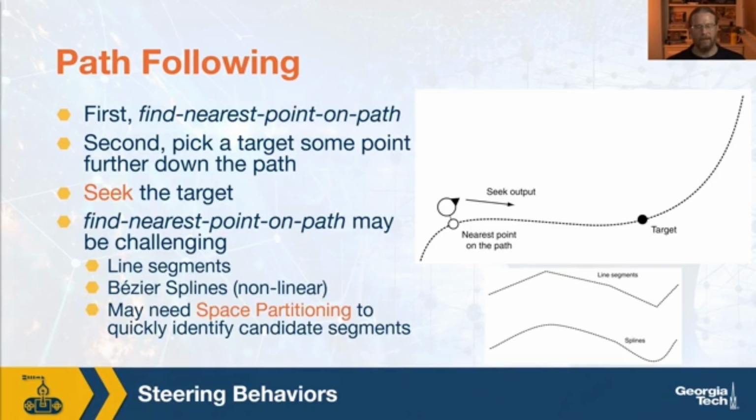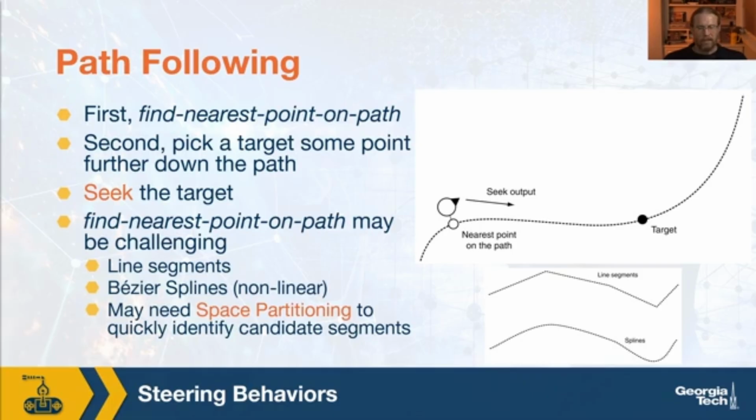The aesthetics of curved motion can be beneficial, so they're popular to use. That's kind of beyond the scope of this class, the specific implementation of this nearest point on path, but just be aware that we could generalize our path, so whether it's linear line segments or Bezier splines, or some other type of curve, that can vary.